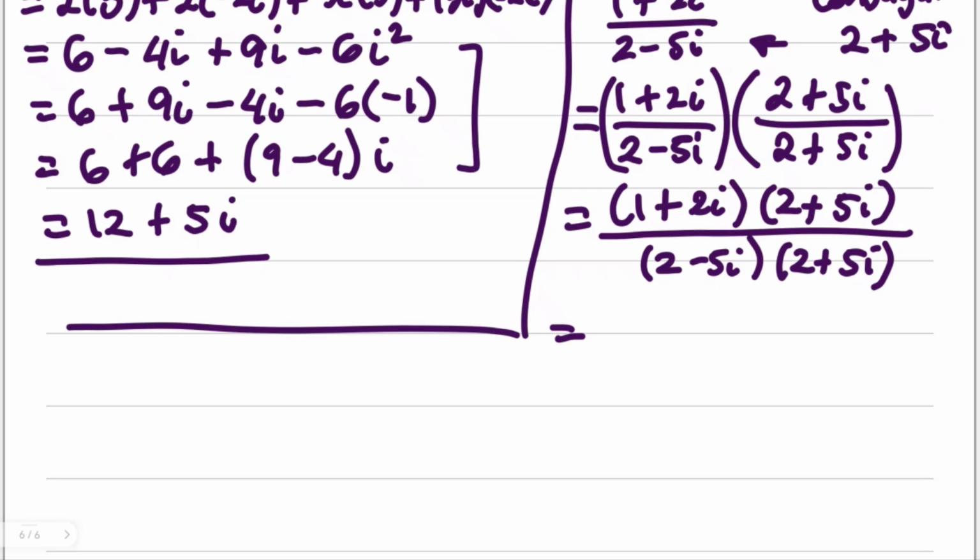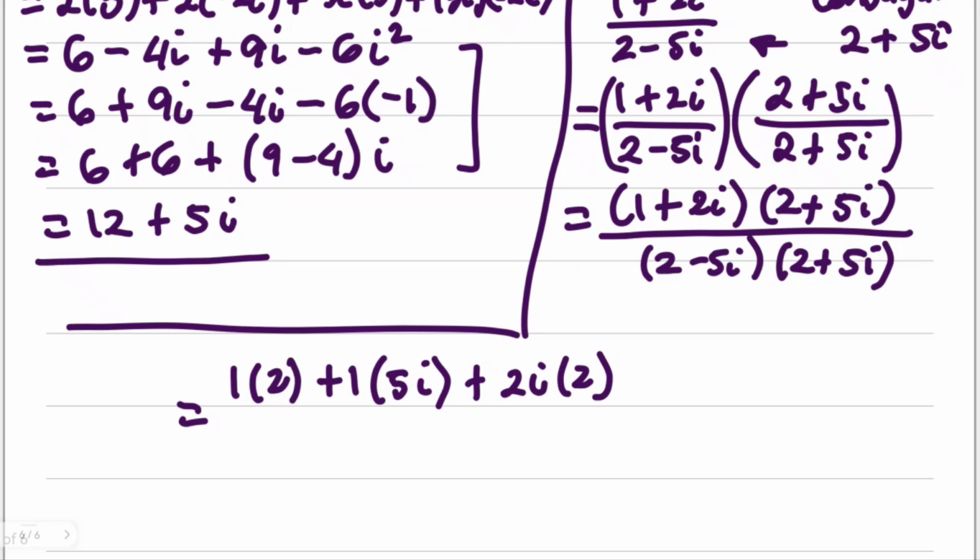Let me transfer this to the bottom, because I need to use the FOIL method for our numerator. So 1 times 2, and then 1 times 5i, then plus 2i times 2, and plus 2i times 5i.